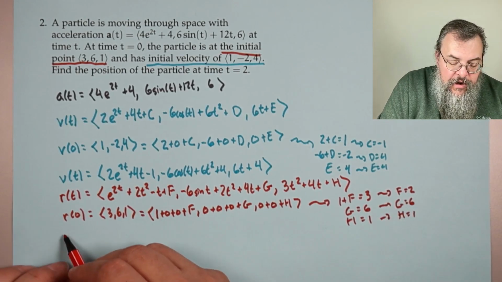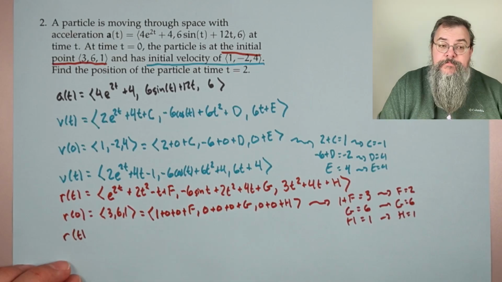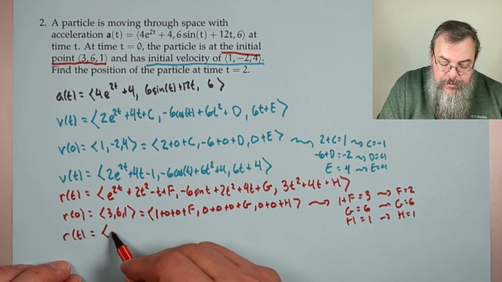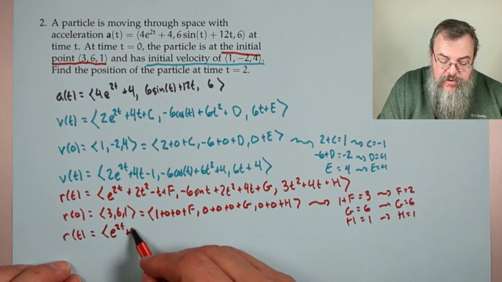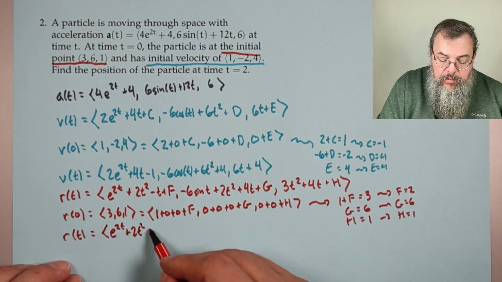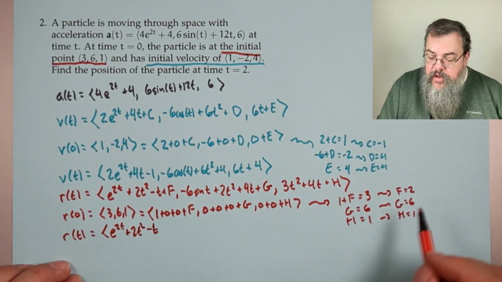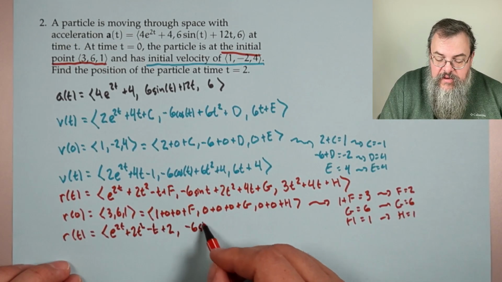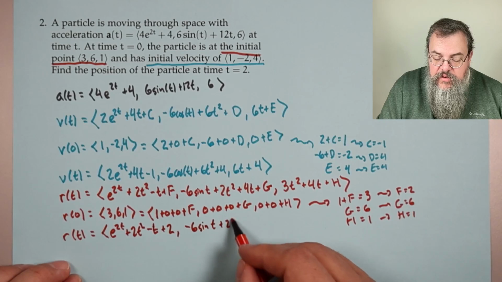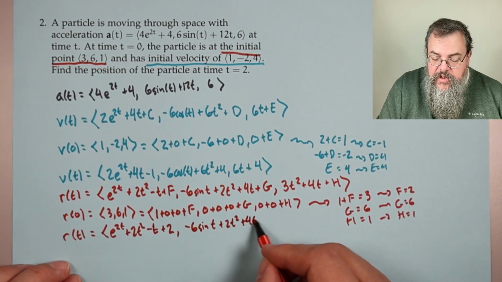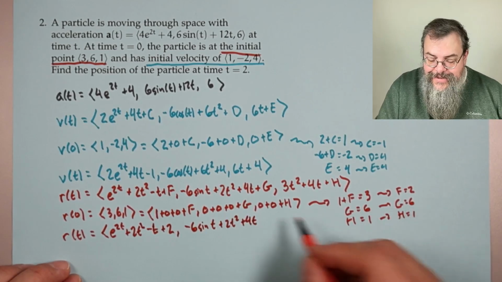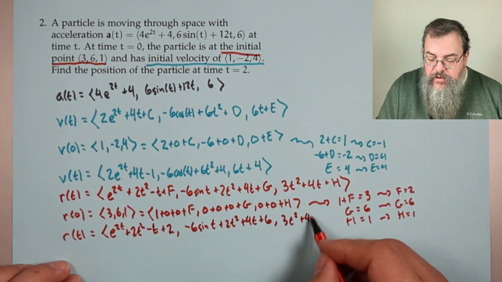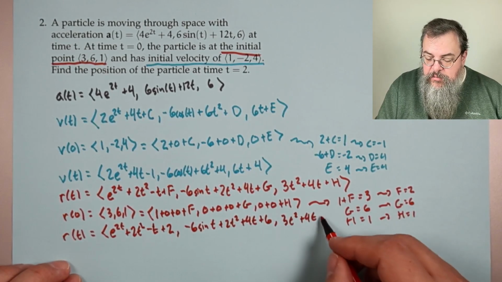So our r of t is, well, we just write it down: e to the 2t plus 2t squared minus t plus 2, minus 6 sine t plus 2t squared plus 4t plus 6, 3t squared plus 4t plus 1.